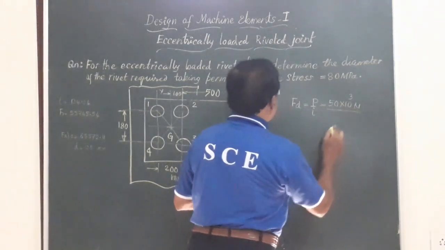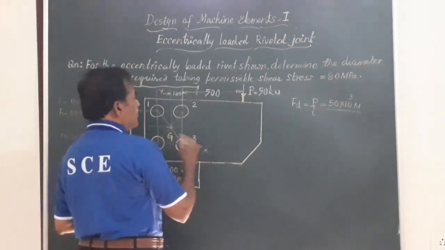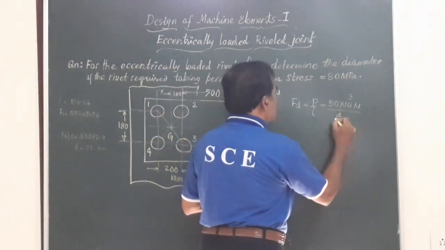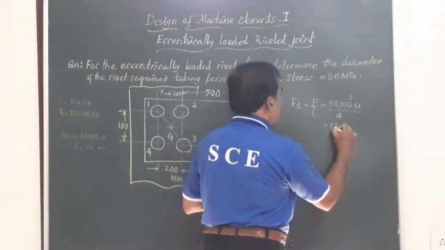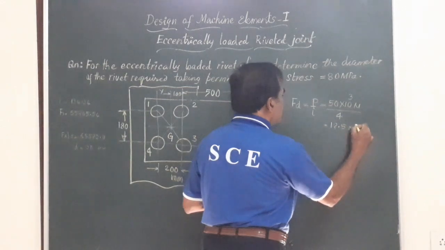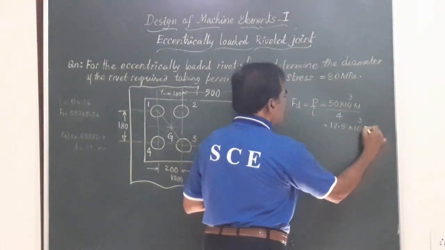So this I is equal to 4, 1, 2, 3, 4. There are 4 rivets, so this works out to 12.5 into 10 to the power of 3 Newton.